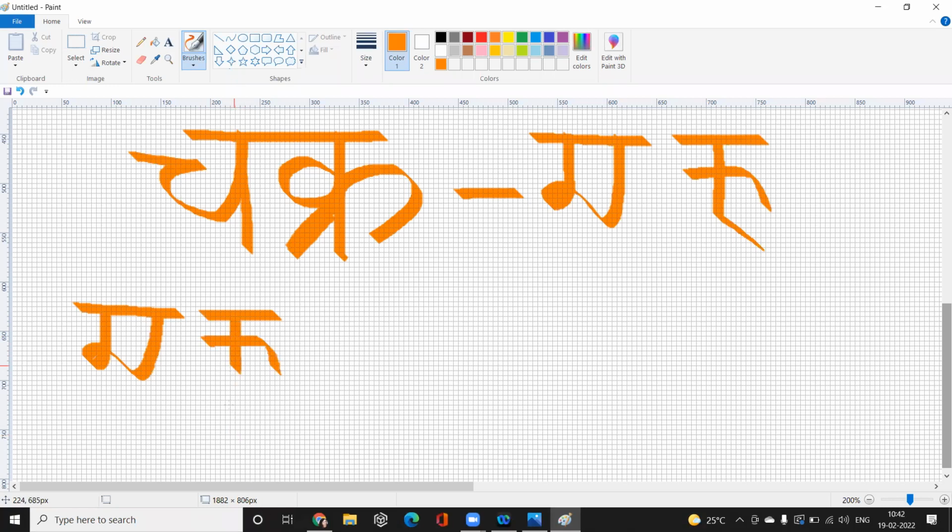Now the other ka is complete. So it will be written below this, and that ra rule that I just explained will come here.